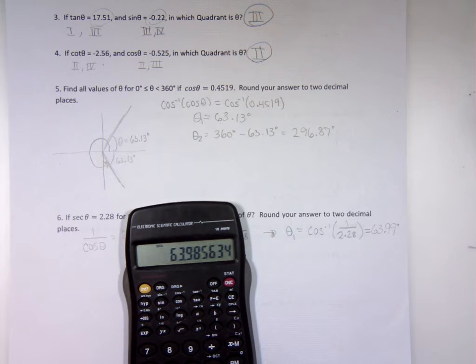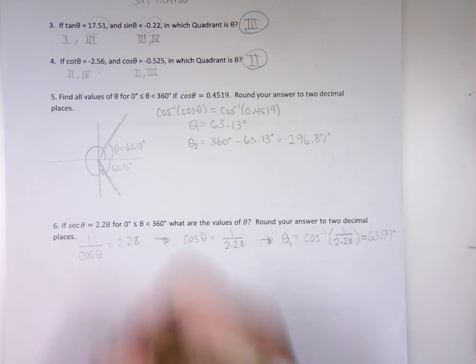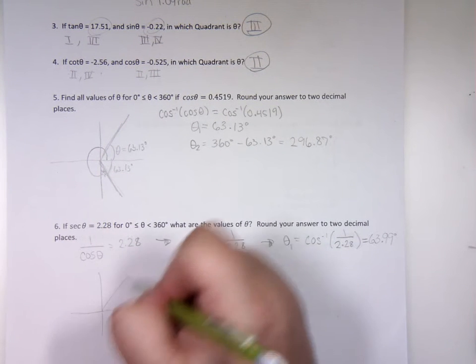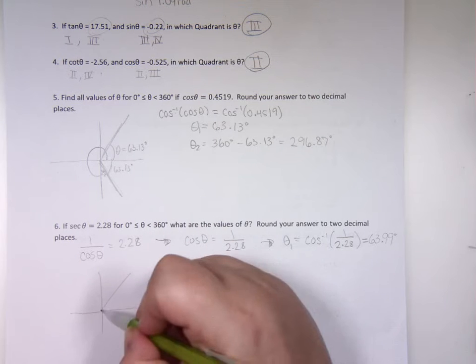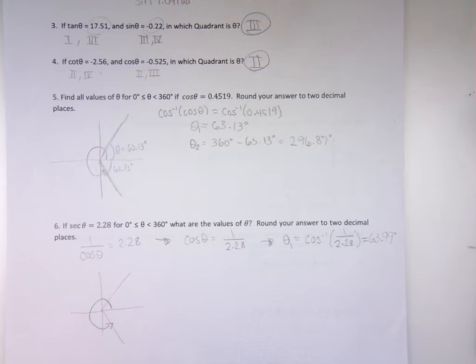And again, we're looking at cosine because secant and cosine are just reciprocals of each other. So secant is positive wherever cosine is positive. So again, that's quadrants 1 and 4. So it's almost exactly the same thing. So 63.99 degrees. This mirror image is going to be right here. So we're measuring up to there.